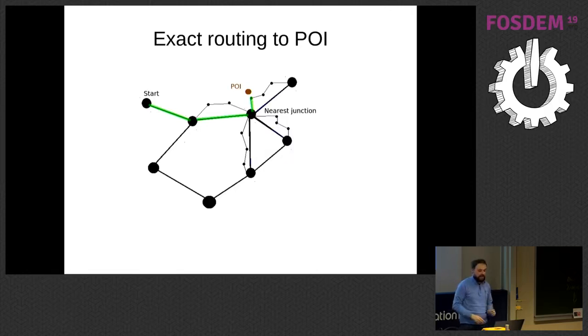If I find a node along that OSM way which is closer to the point of interest than the junction node, I add the route from the junction to the node nearest the point of interest to my route, because that is a potential problem. Points of interest might not be at a junction node.